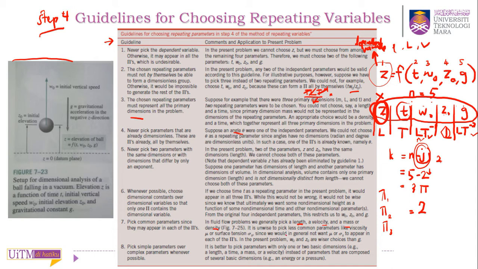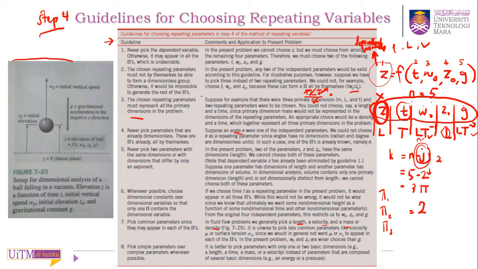So it is unwise to pick less common parameters like viscosity or surface tension, or pressure. If your equation has viscosity, dynamic viscosity, or surface tension, it's not wise to choose those because they are not common parameters. Okay, choose the common parameters first.